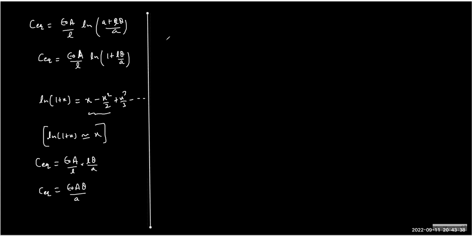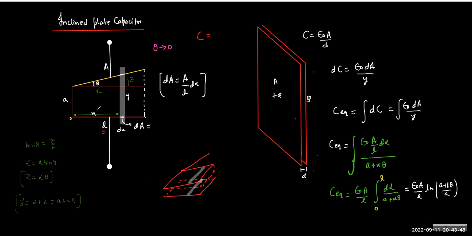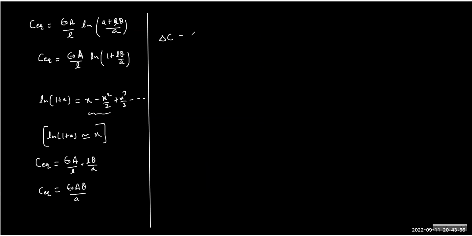So if I want to know the change in capacitance from the parallel plate when you tilt by theta, how much will the capacitance change? We know that it is epsilon naught A by D, and A is the D before tilting. So you can clearly see that delta C is basically epsilon naught A by A minus epsilon naught A theta by A. This is the change in capacitance that you will see.